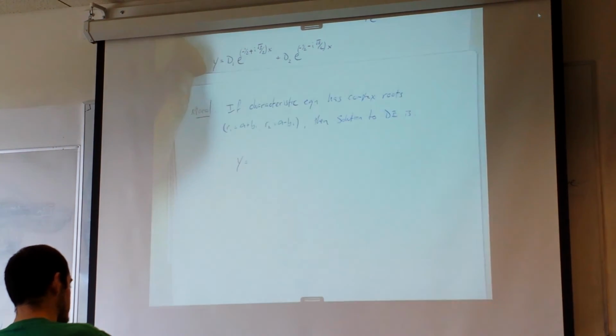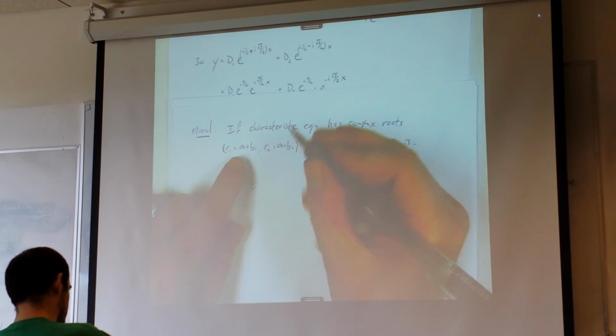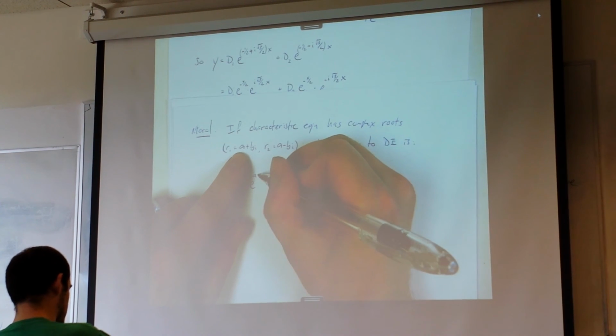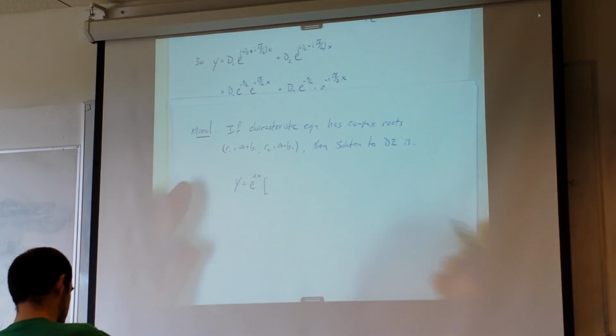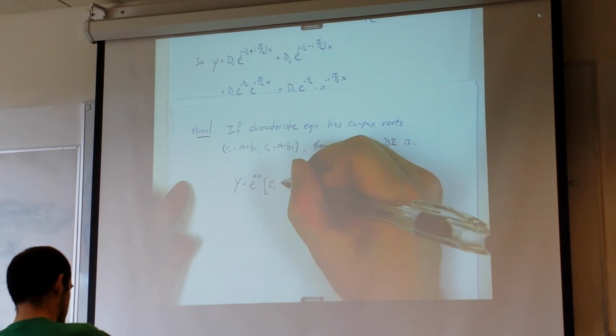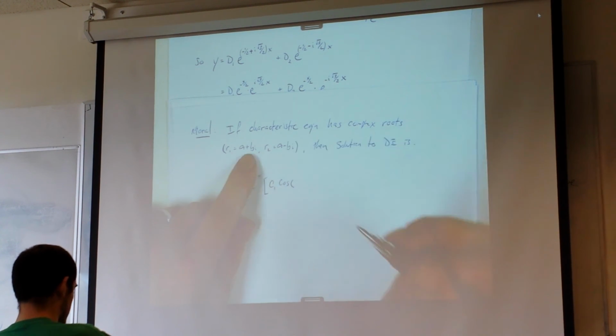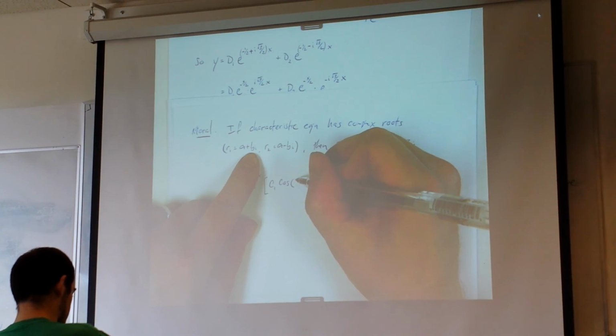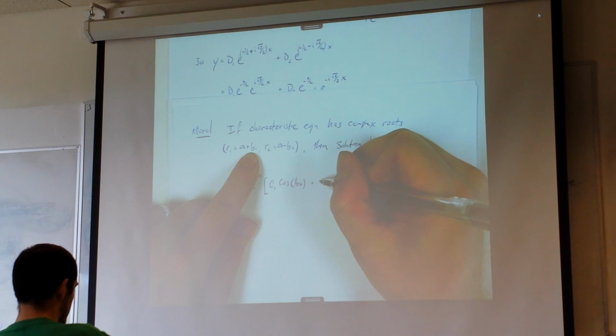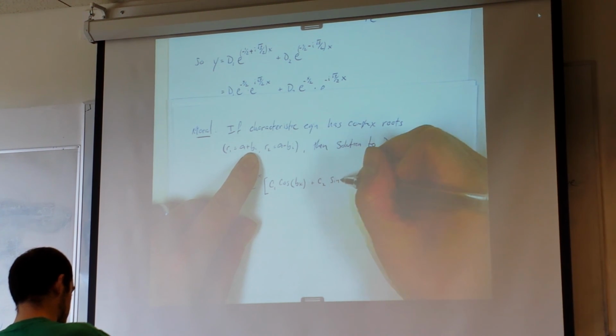So you get e to the real part, ax, and then any coefficients, c1 cosine bx, that's the imaginary part, plus c2 sine bx.